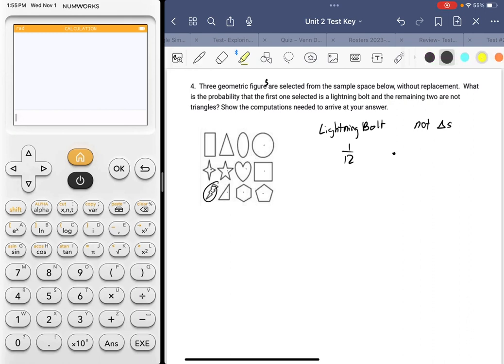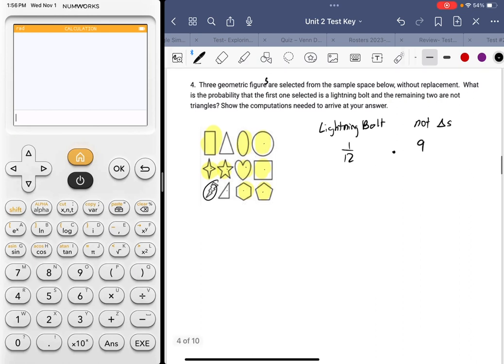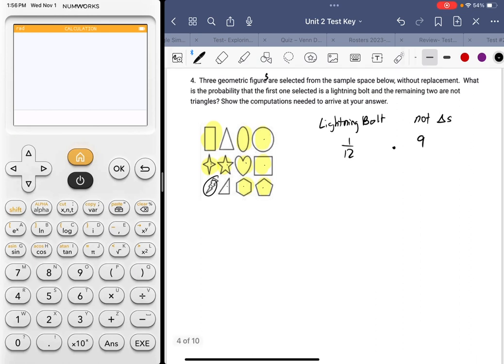So I'll use a highlighter here. This one, this one, this one, this one, this one, this one, this one, this one, and this one. All fair game. So if I select one at random, I have 1, 2, 3, 4, 5, 6, 7, 8, 9 possibilities out of the 11 shapes that are available, because remember the lightning bolt's gone. So 9 out of 11.